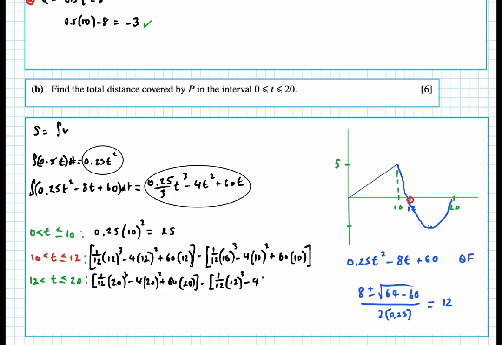And I've just done a kind of a composite calculation here for that. So putting in from 10 to 20, the total answer is 26 meters. So 26 meters plus 25 meters will be our final answer. So S is 51 meters. That's the total distance covered by P in the interval, and our sketch on the right hand side demonstrates that perfectly as well.